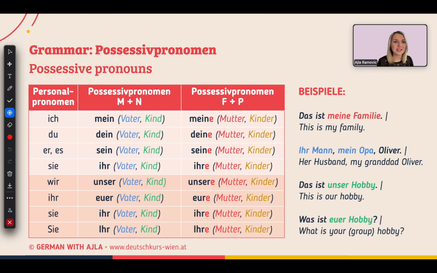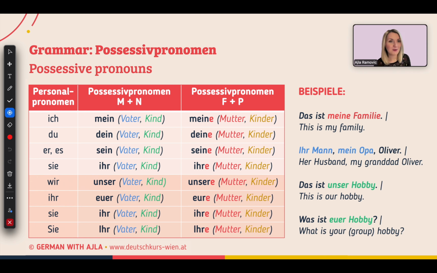Das ist ihr Kind. This is their child. So imagine you are speaking about a couple and you want to say that this couple has a child. It is their child. So we would say, das ist ihr Kind.